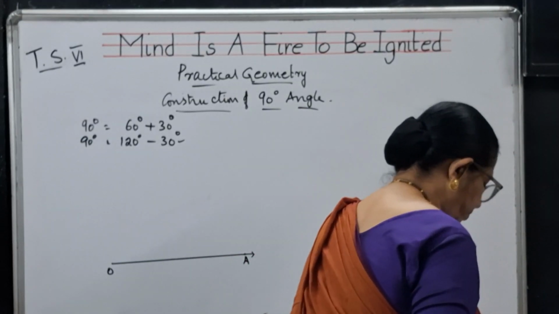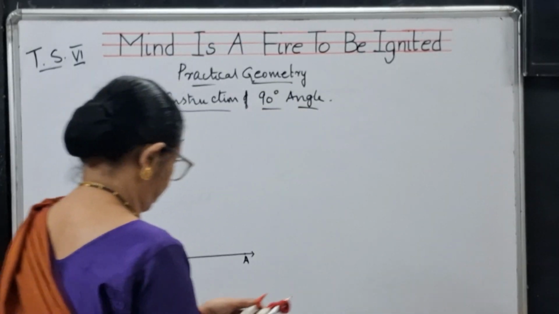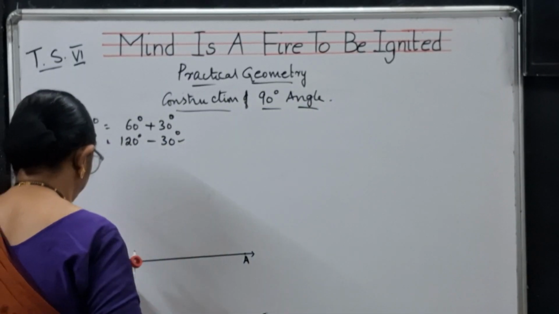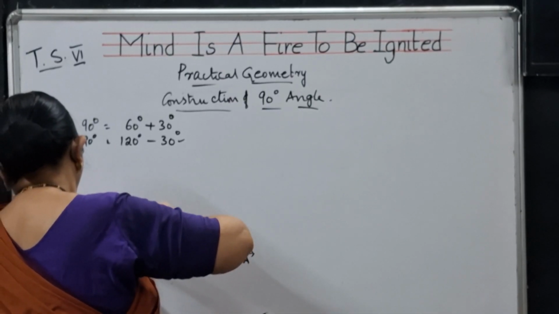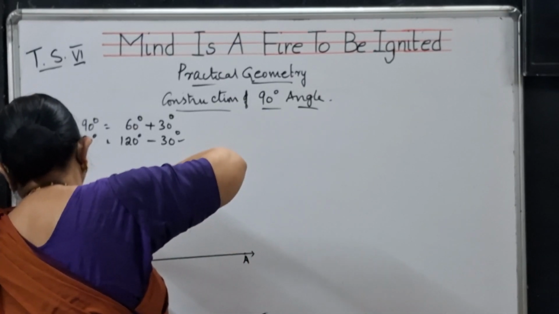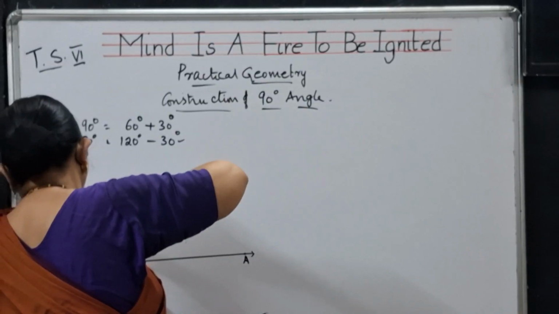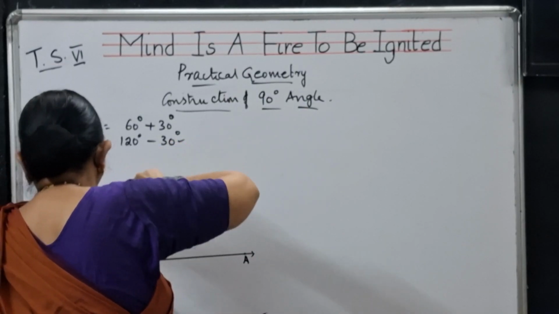So O as a center, with some radius, you have to draw an arc.